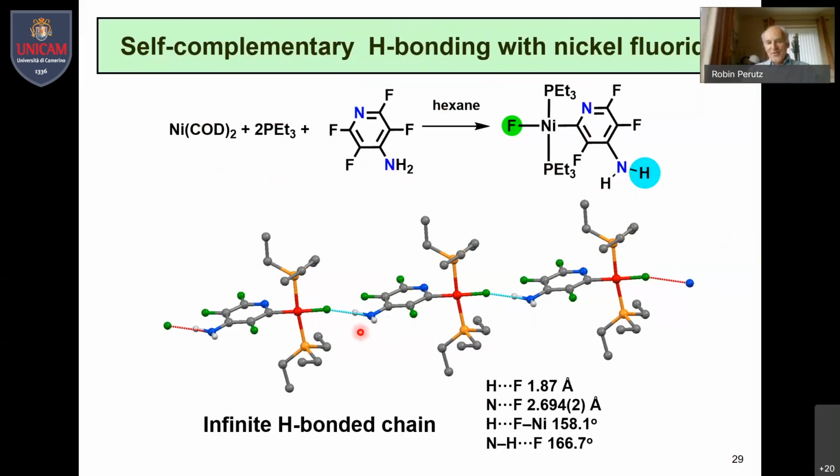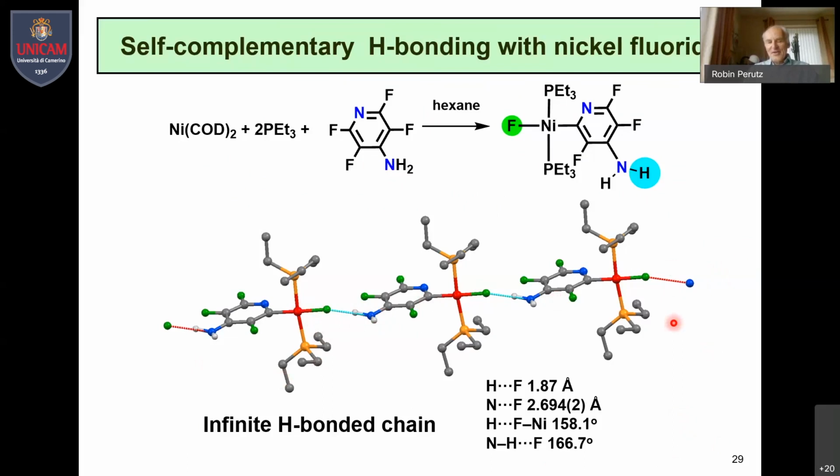And the crystal structure shows a nice hydrogen bonded chain. So here red is nickel, green is fluorine, then we have the NH2 group with nitrogen in blue, and we have this hydrogen bond interaction dominating the crystal structure.